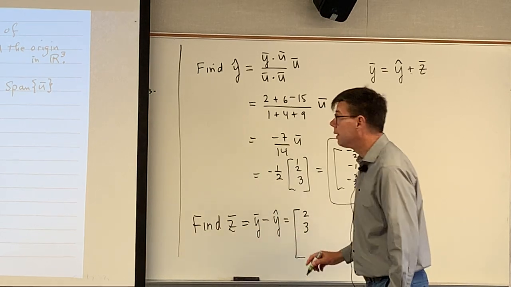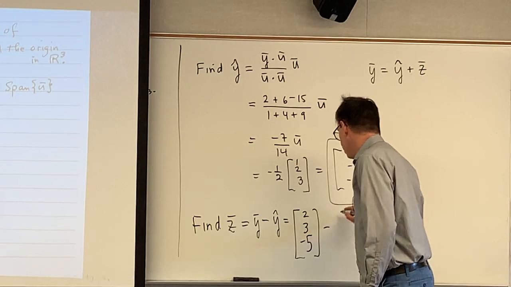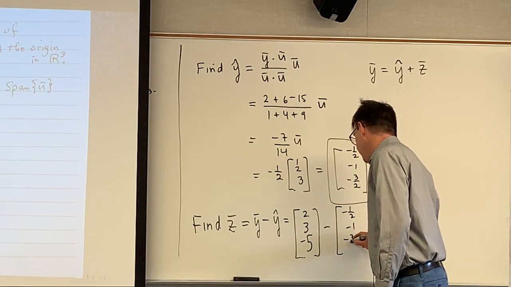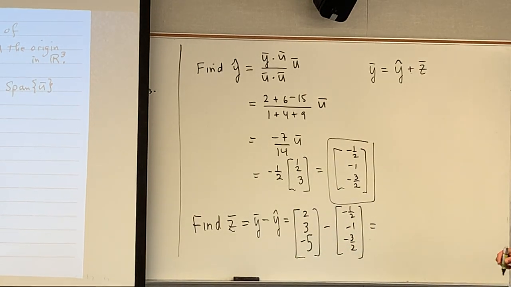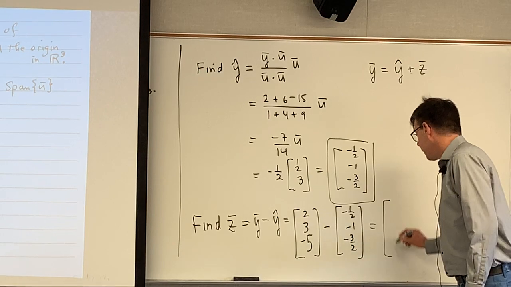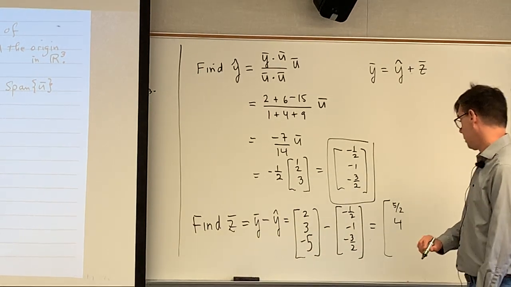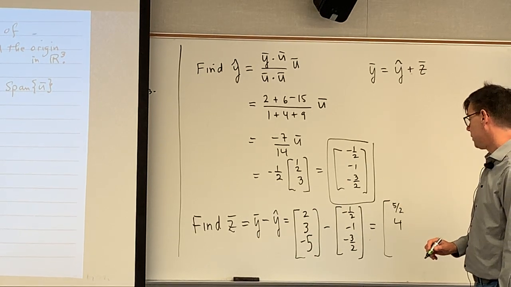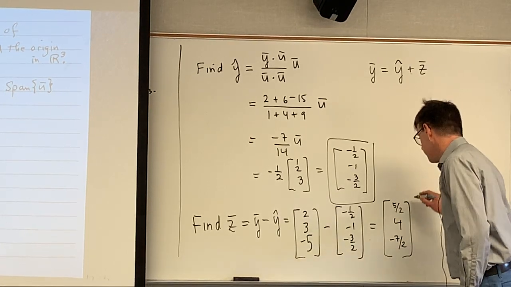2, 3, negative 5 was my y. I'm going to subtract negative a half, negative 1, negative 3/2. So what do I get? 5/2, 4, negative 10/2 plus 3/2, negative 7/2. So there's a z.